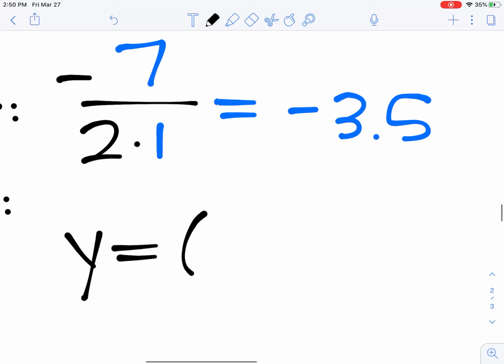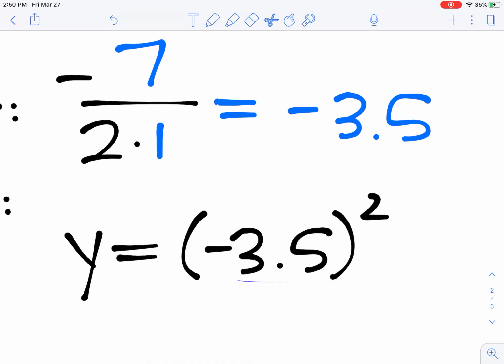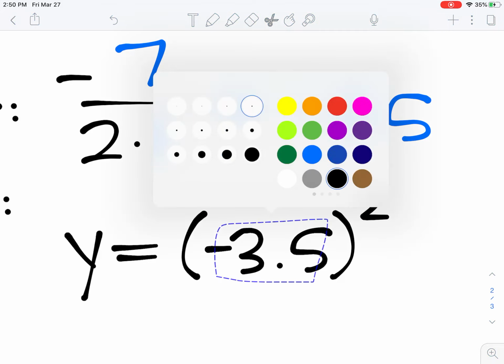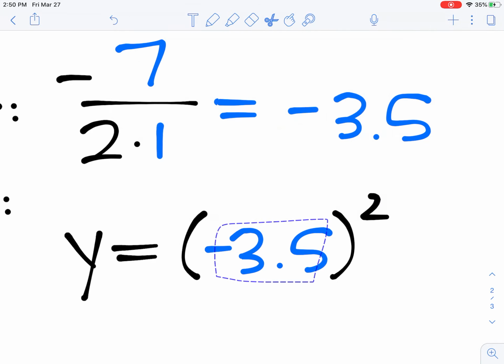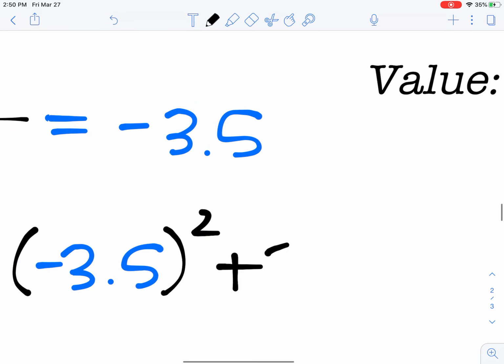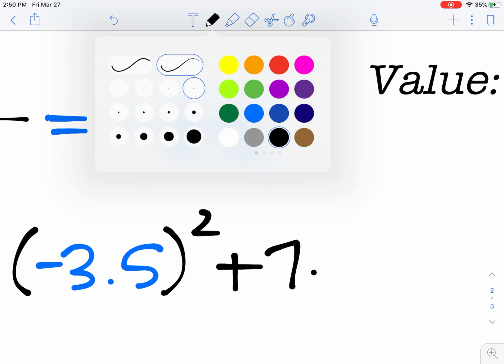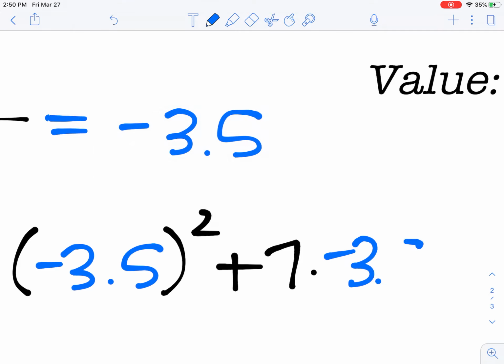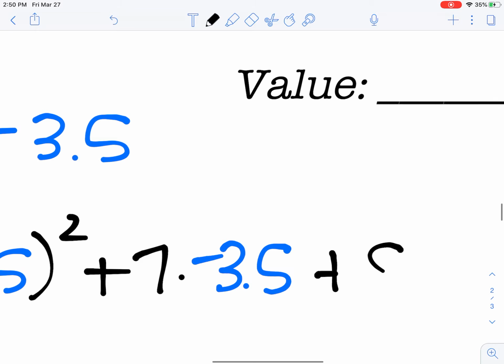We're going to plug that in, so y equals -3.5 squared, plus 7 times -3.5, plus 8.